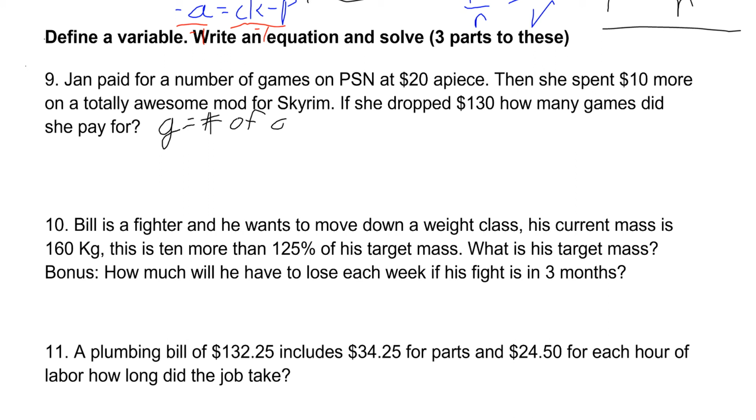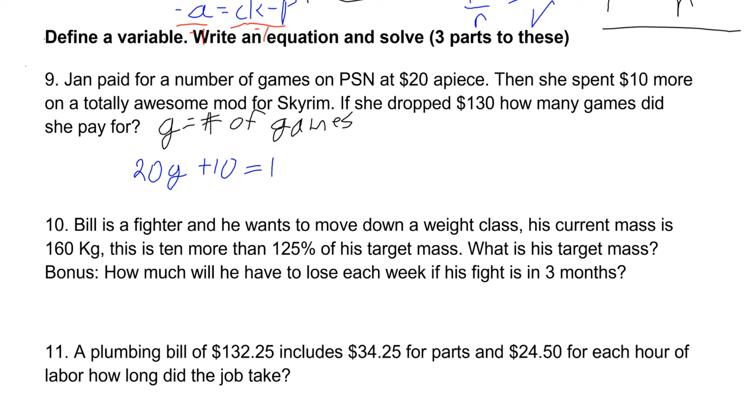So the equation that we should probably do is 20 times G plus 10 for the cost of the mod, and then we've got the total is $130.